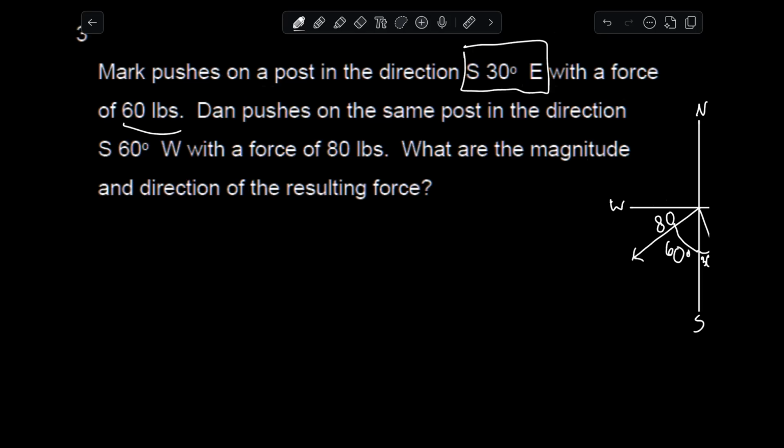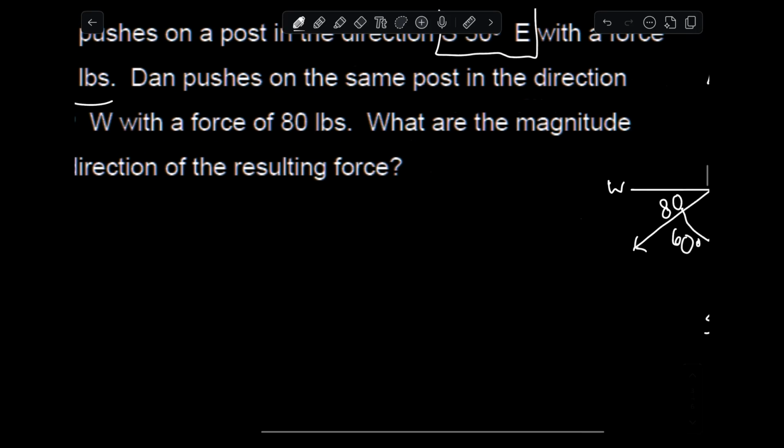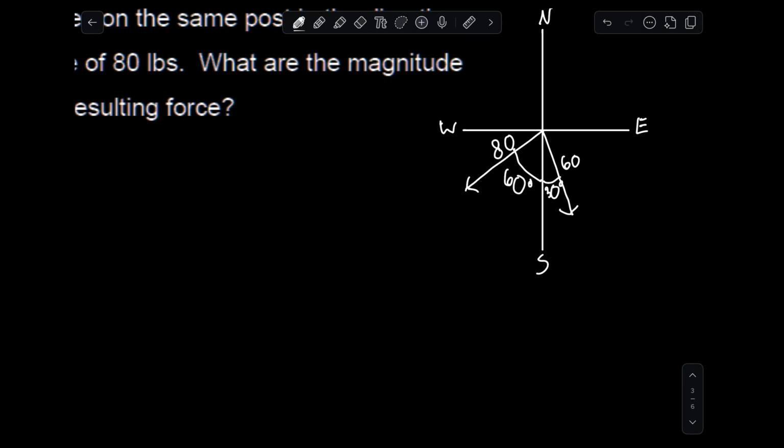And what I can do now is we can do tip to tail actually and add up these two vectors, right? So we go like this. And that's going to get us 80 again. And then we get 60 right there. And yeah, so this is what we have now for this.